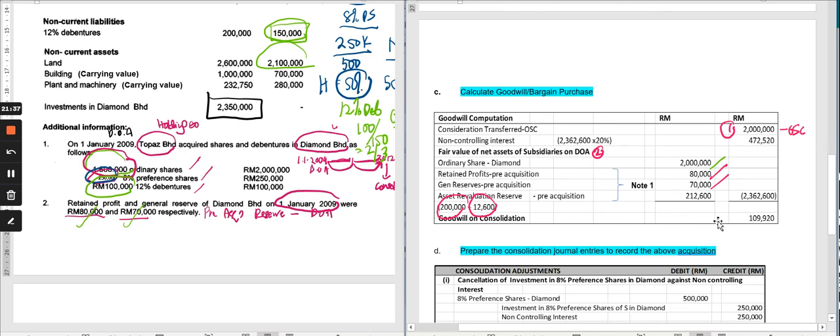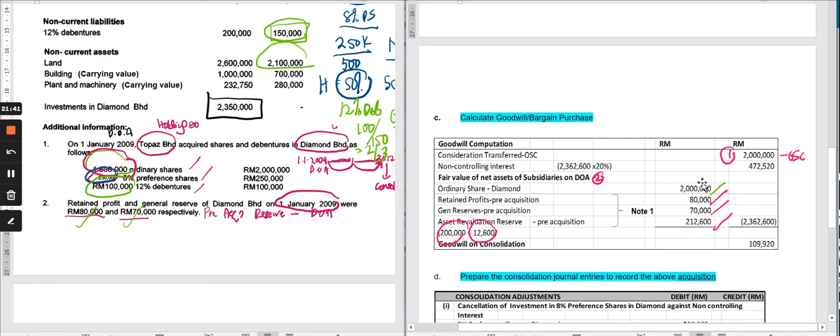So you have 236,600, and if you total up, you will see that the non-controlling interest is 20% based on the percentage of NCI for ordinary shares, multiplied by 236,600, you get 520, and the goodwill on consolidation, this is for the ordinary shares, is 109,920.